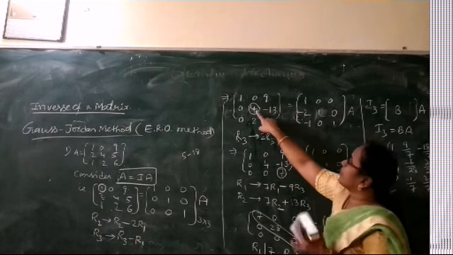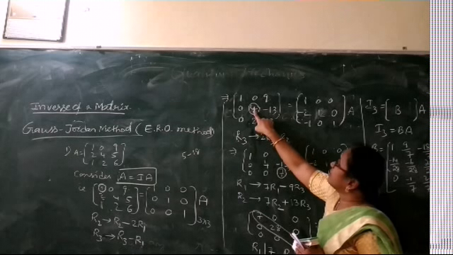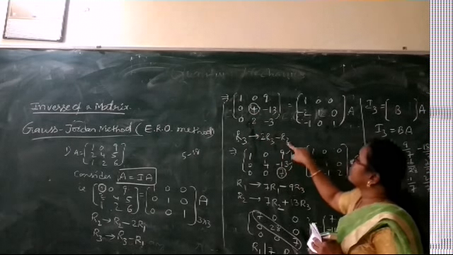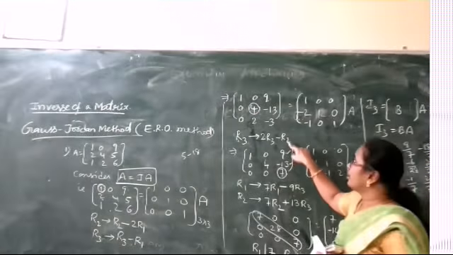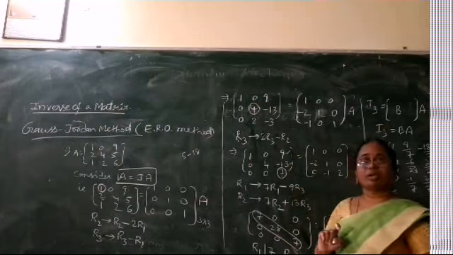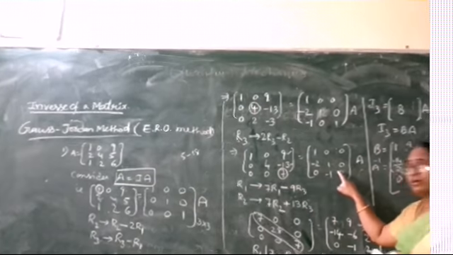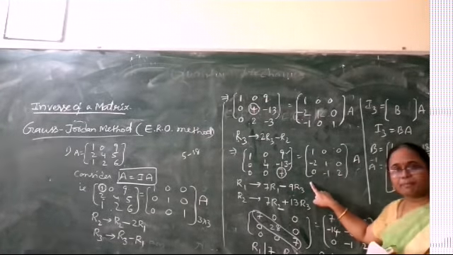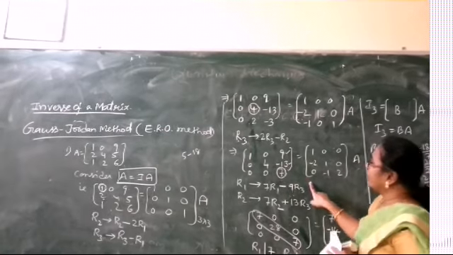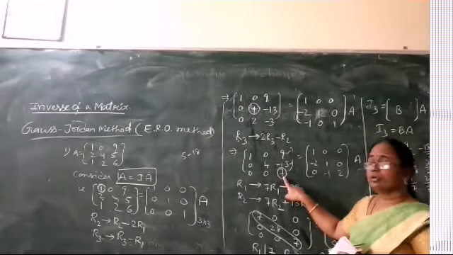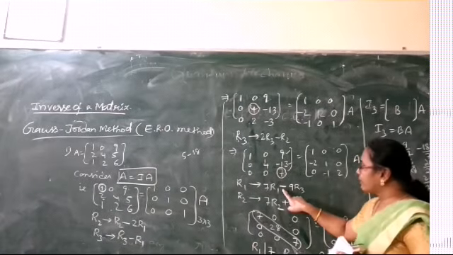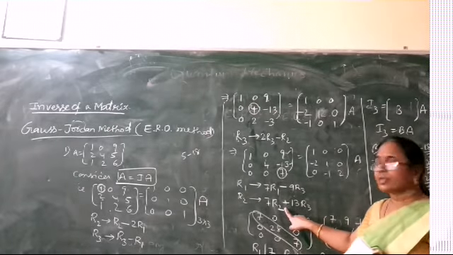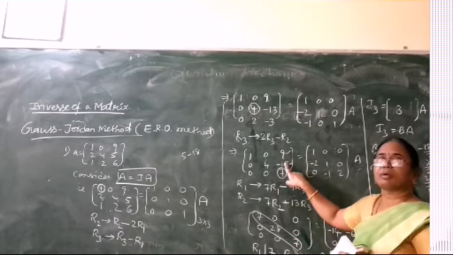Now we concentrate on the second pivot. Using this, we choose appropriate row operations so that the remaining elements of the column become 0. So we made it here. This is the end of the second step. After that, we concentrate on the third pivot. Using this, we select appropriately the row operations so that the remaining elements of the column are 0.